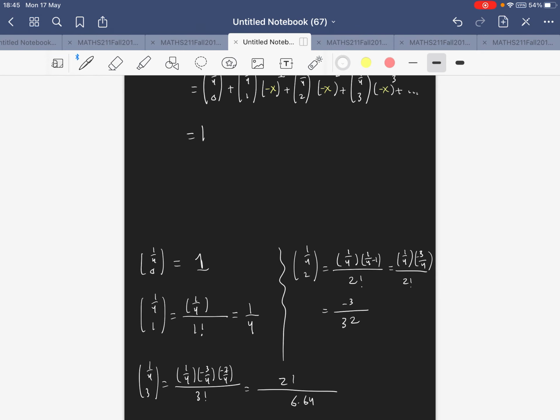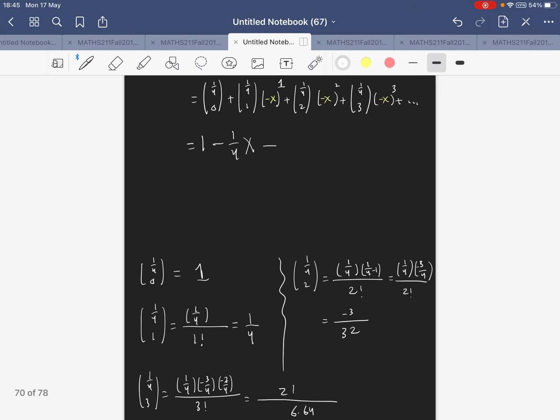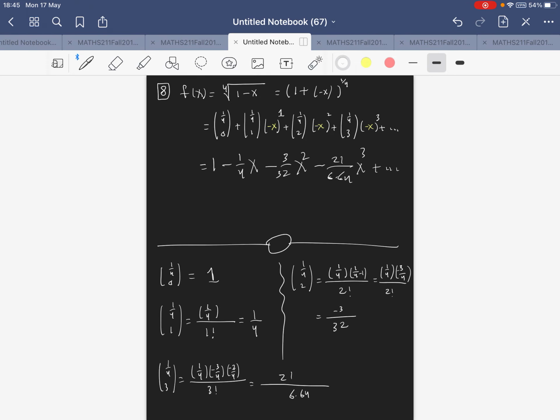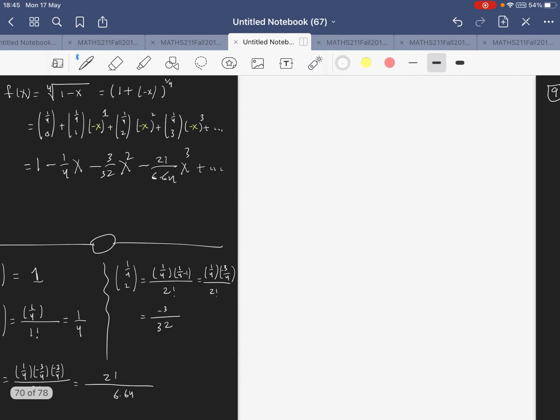So this is 1 minus 1 over 4 x, then negative 3 over 32 x squared, and then negative 21 over 6 times 64 x cubed, and so on. That's what we need to do in the binomial series. Very easy, very simple. You just need to find those using the calculator in the right way.